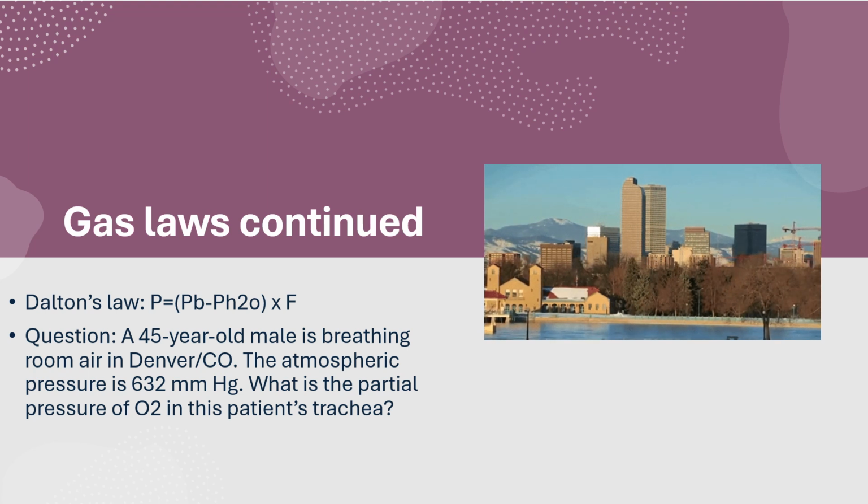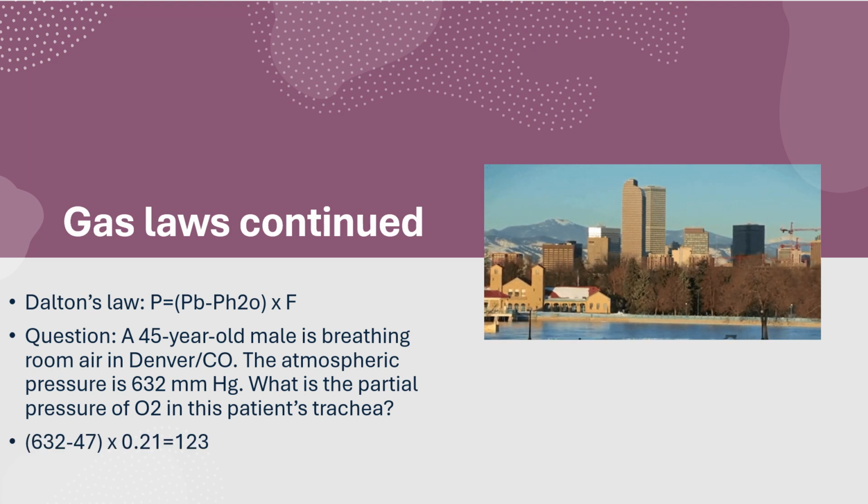So let's answer a question. We have a 45-year-old male who is breathing room air in Denver, Colorado. The atmospheric pressure in Denver, Colorado is about 632 millimeters of mercury. So what is the partial pressure of oxygen in this patient's trachea, assuming that he breathes in room air?